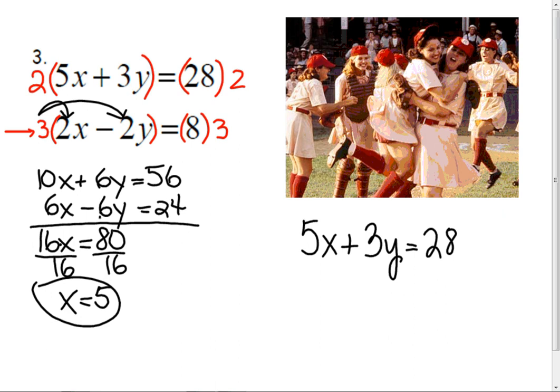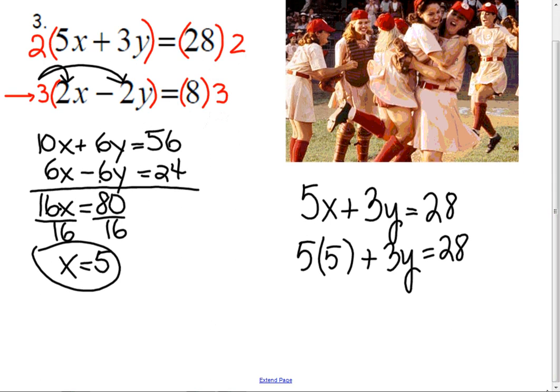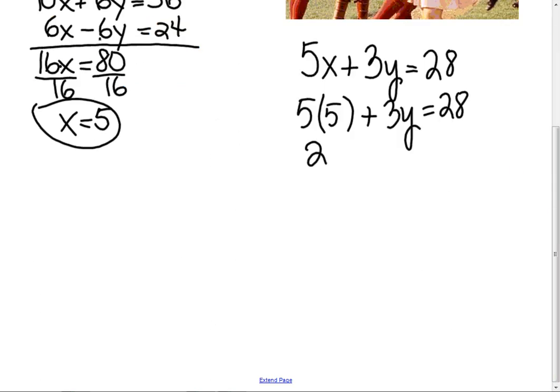And which one am I going to replace, the x or the y? X. So it's 5 times the x, which is 5, plus 3 times y, which is 28. What's 5 times 5? 25, plus 3y equals 28. This is solving linear equations. You guys are supposed to be good at this.